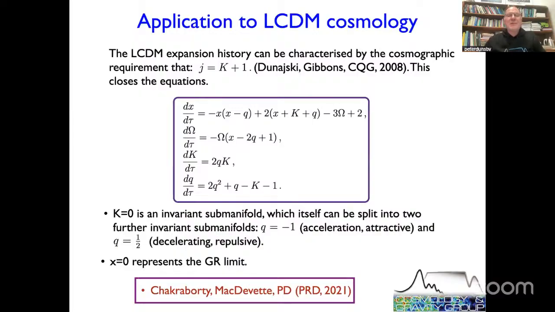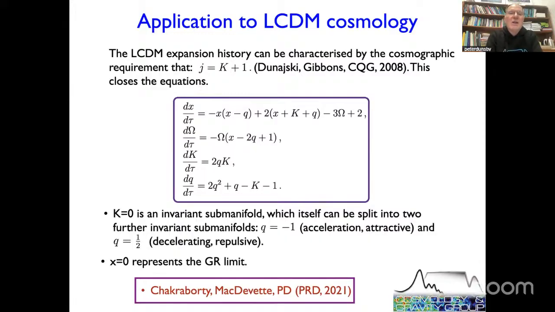So let's now apply this whole approach to the simplest case that you could look at. We're going to fix our expansion history to be exactly the same as lambda CDM, but we're going to include spatial curvature as well. So the relationship j is 1 can be generalized to include models which have spatial curvature, either open cosmologies or closed cosmologies.